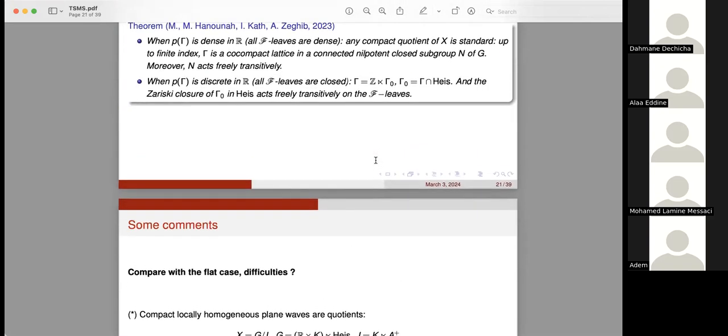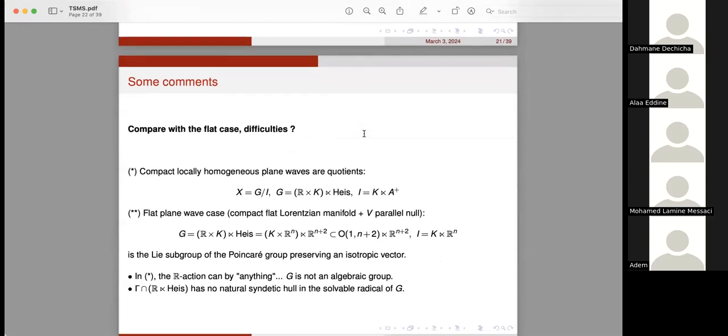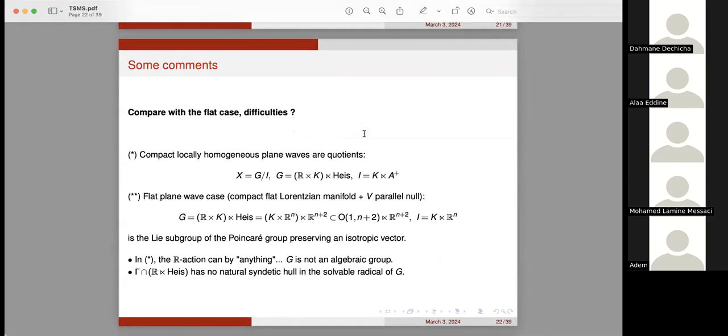So I'm going to give an outline of the proof. Before this, some comments. The case where the homogeneous plane wave is compact corresponds just to the data of the Minkowski space together with some isotropic vector.